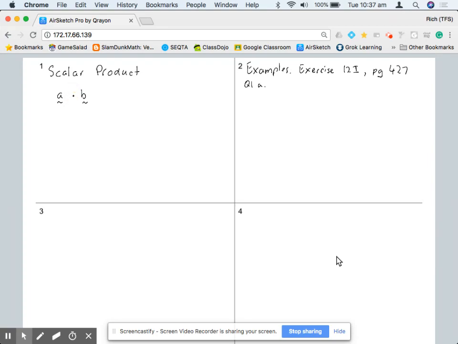And we're writing it as A1 B1 plus A2 B2, where A1, A2 are the components of the A vector, and B1, B2 are the components of the B vector. And if it were a three-dimensional vector, then it would be plus A3 times B3. Okay, we good with that so far?